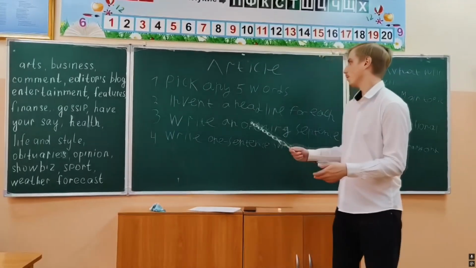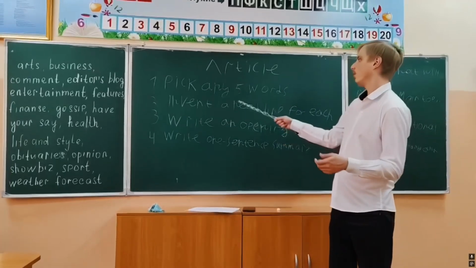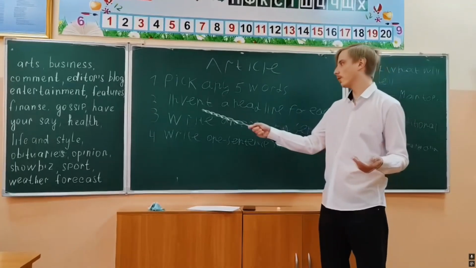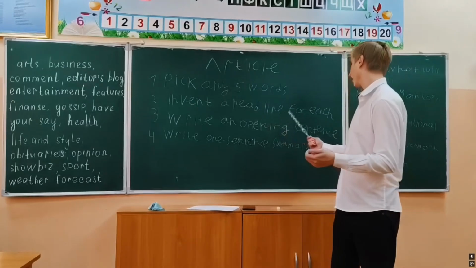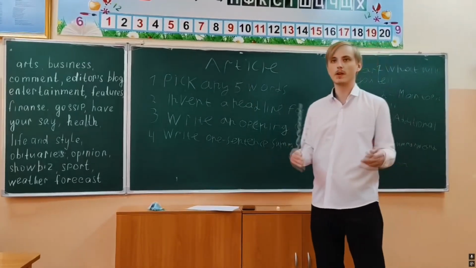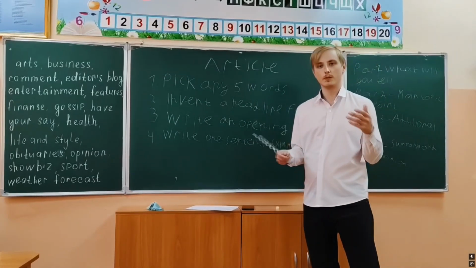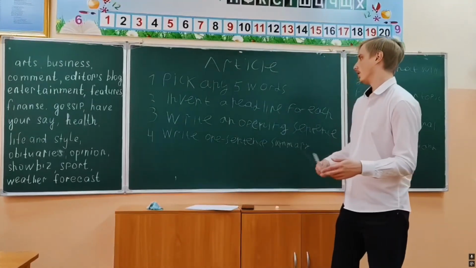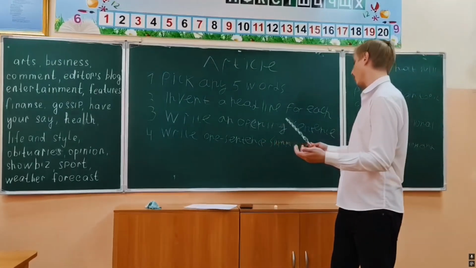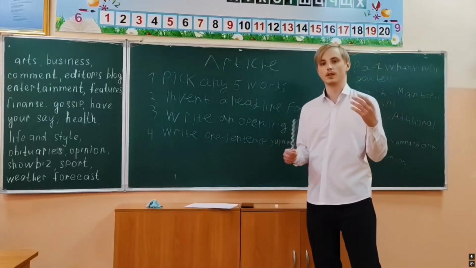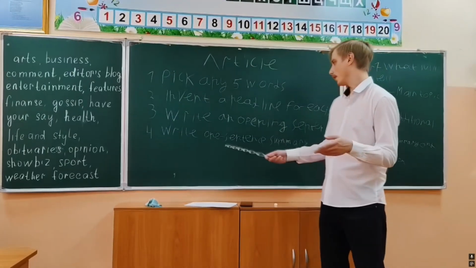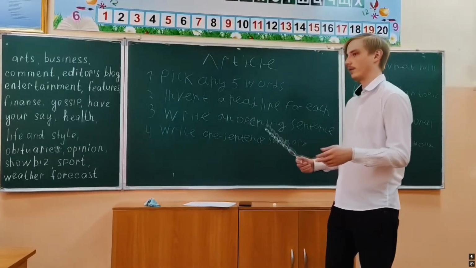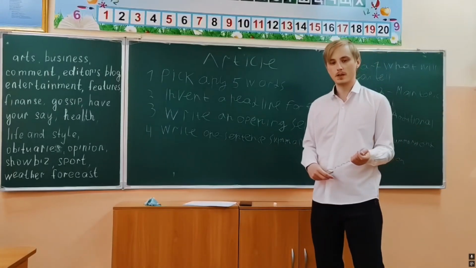So, for example, for the start, you took 5 words from the board, then you invent a headline for each of them, as if you write an article for each of them. So you write an opening sentence of your article that would express the main idea, and then you write a one sentence summary of the body part of your article.